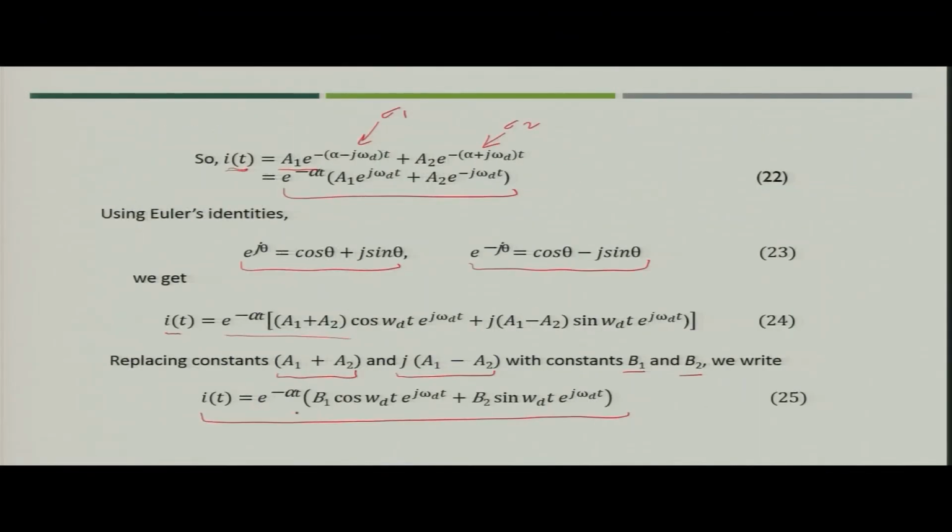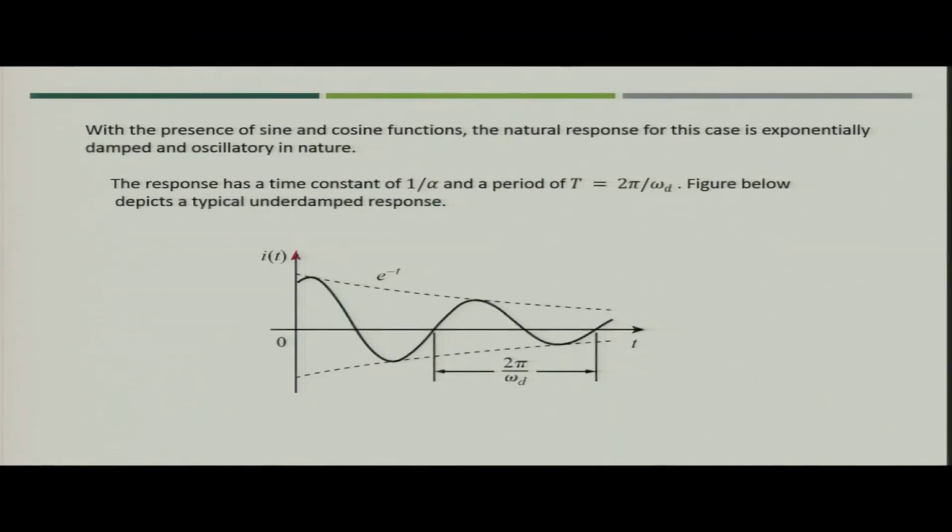Now, if you see this expression for I t, the system will have cosine terms and sine terms, that is, sinusoidal terms, plus exponential terms. So, how will the response look?